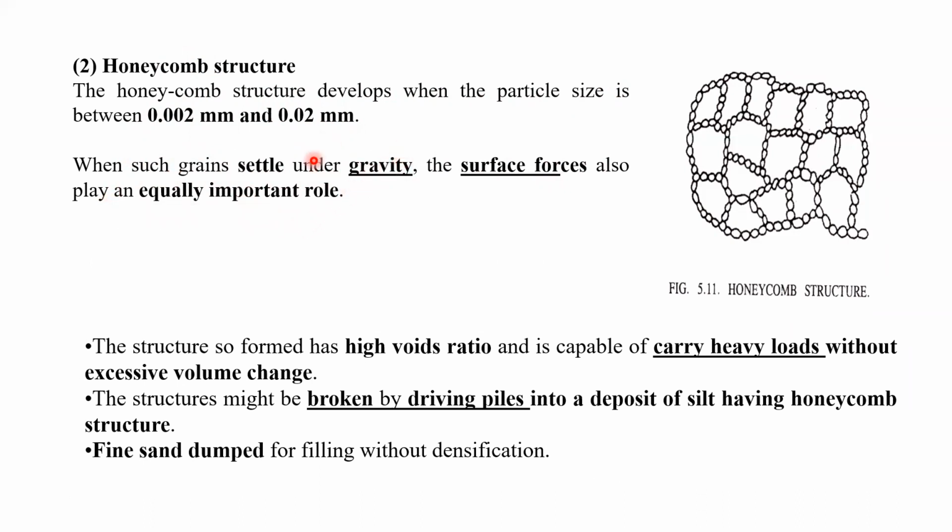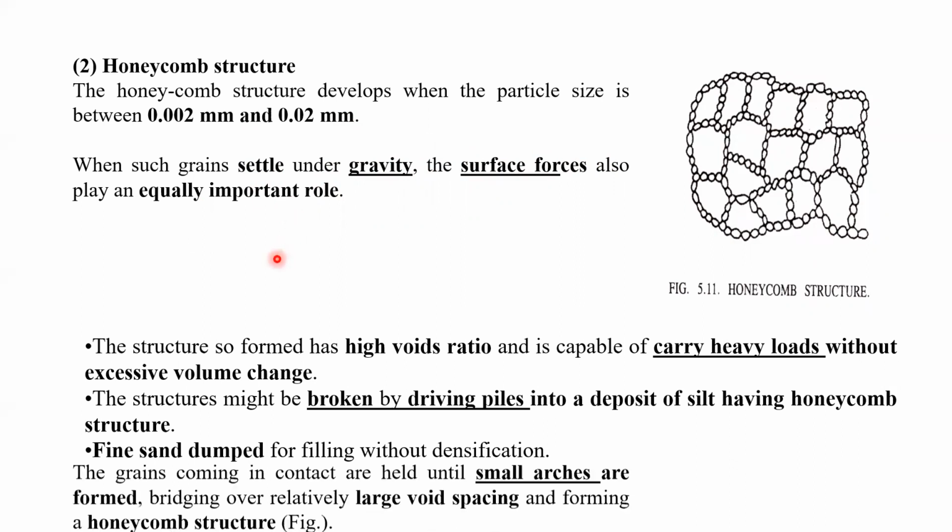Suppose these particles are going to settle from the water, because for water transported soil we have studied the topic transportation of soil. So suppose it is going to settle by gravity. In addition to that, surface forces are also going to work together. Surface forces means the attractive forces and repulsive forces also work in the formation of soil structure.